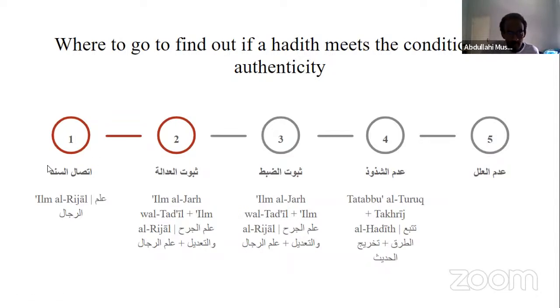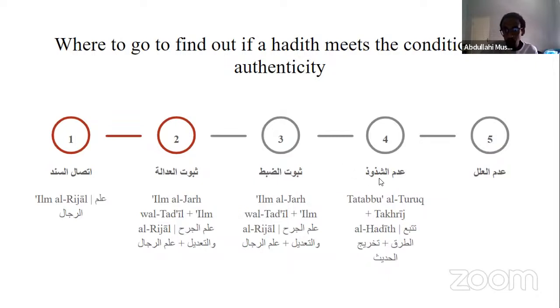So when you look at these 5 conditions, اتصال السند, ثبوت العدالة, ثبوت الضبط, عدم الشذوذ, عدم العلل, you can see that 3 out of these 5 conditions are positive, while 2 of them are negative. What I mean by positive is that اتصال السند is a quality that the chain has. ثبوت العدالة is a quality that the narrators have. ثبوت الضبط is also a quality that the narrators have.